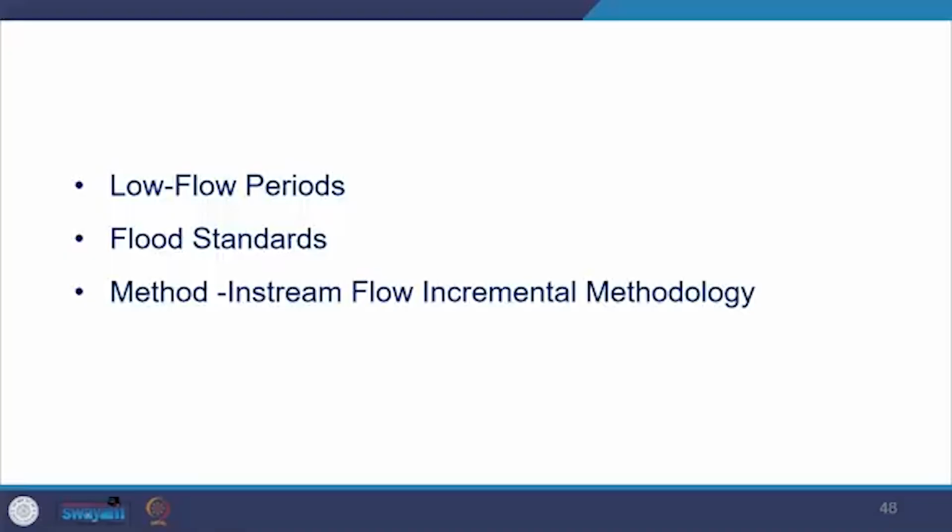You can also see standards for wastewater from domestic and industrial sources, so how that has to be handled. These are especially for low flow periods as well as for flood standards. When there's a low flow period, where there's lesser water in the river, and then the flood standards, at that time what has to be taken care of.